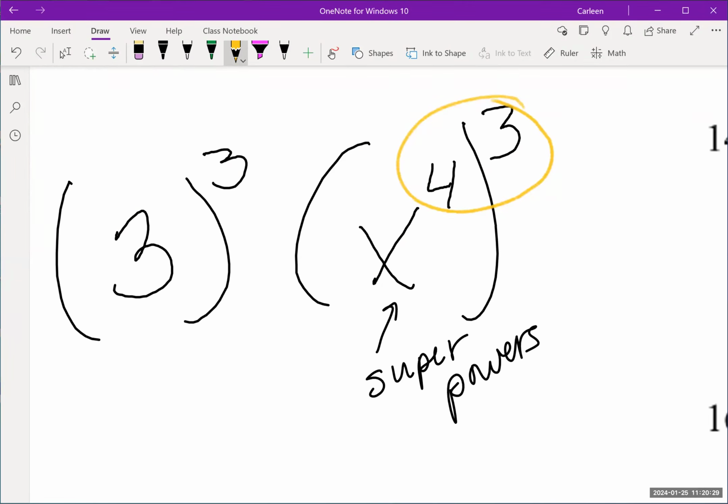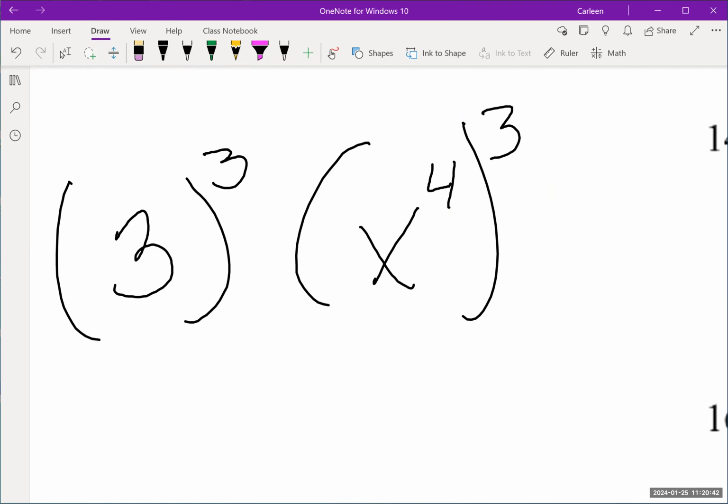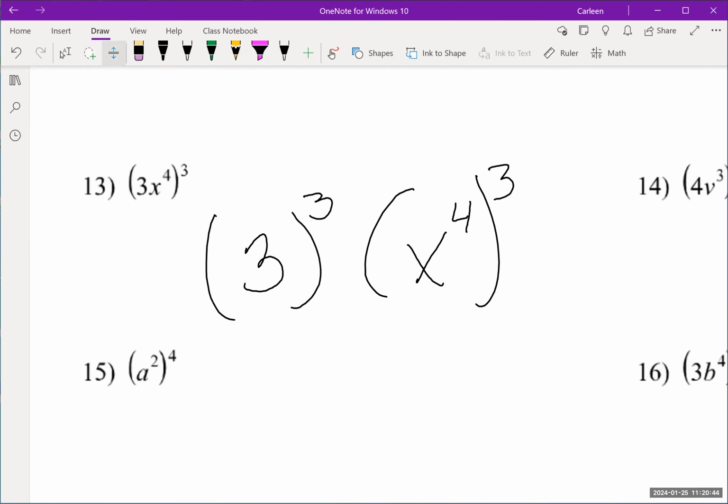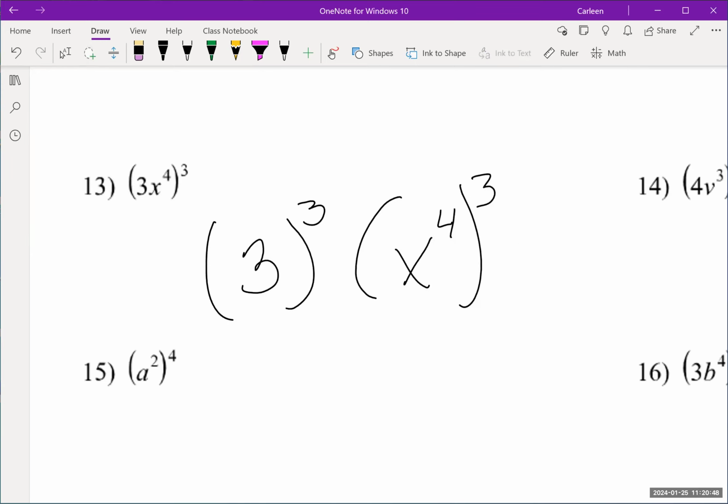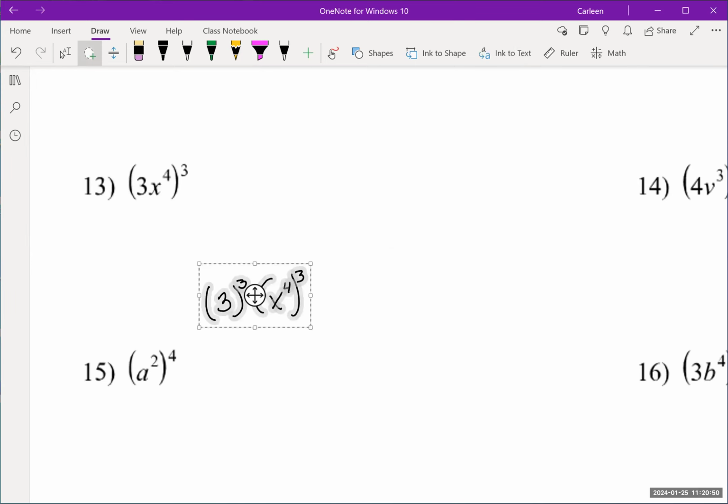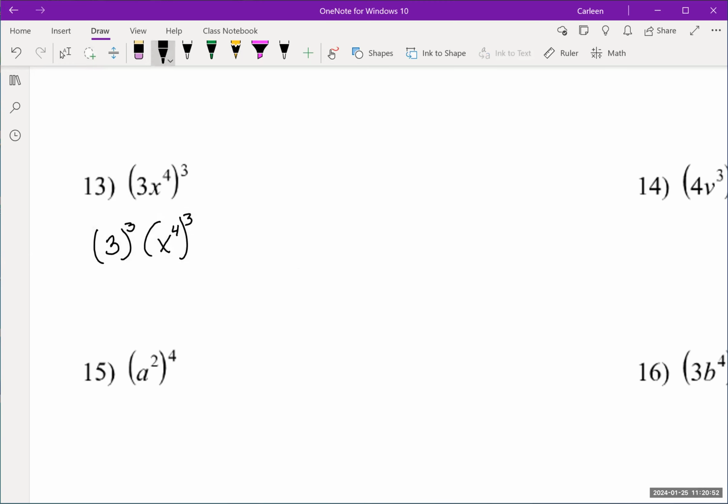So what is 3 to the 3rd? Yeah, that's 3 times 3, 3 times 3 is 9. 9 times 3 is 27. Okay. So 3 to the third power is 27.